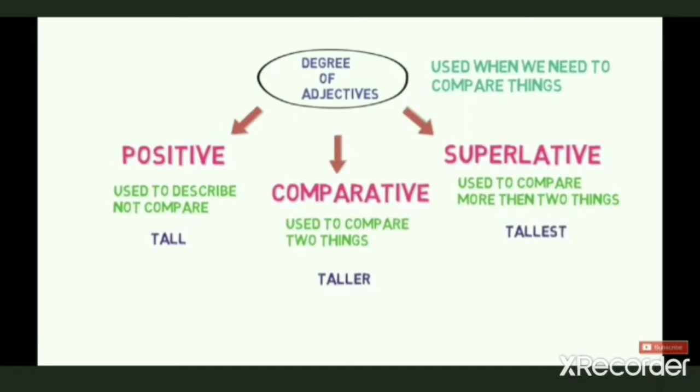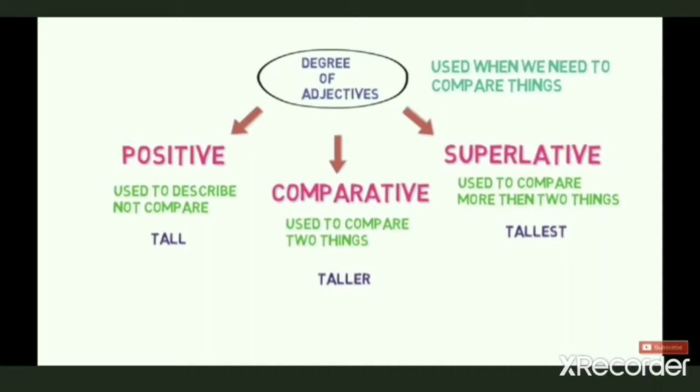Here you see, one example has been given: tall, taller, tallest. When we use tall, there is no comparison. It is only to describe, like a tall boy, tall girl. When we use the comparative, we use taller.